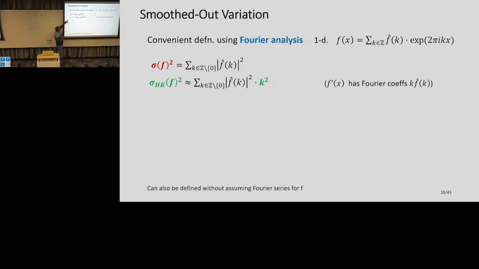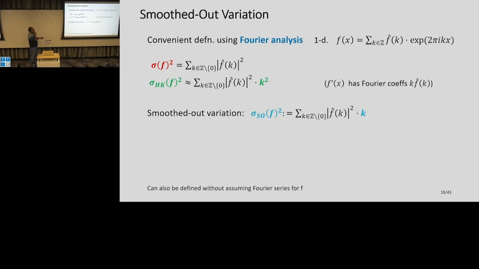The Hardy-Krauss variation also has a very clean formula, because what was this? This was just the L2 norm of your f prime, right? And f prime has a very nice Fourier representation because its Fourier coefficients are just k times f hat k. So you get this k squared. This is just Parseval.